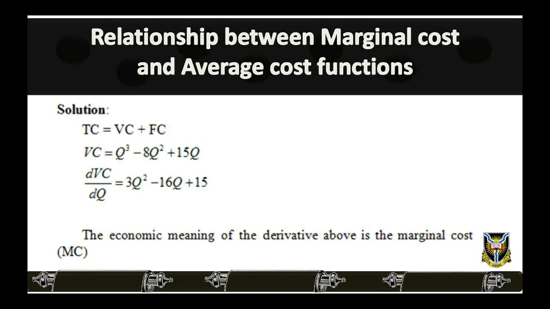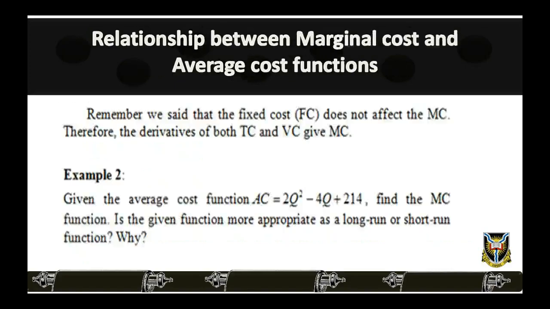VC equals Q^3 minus 8Q^2 plus 15Q. dVC/dQ equals 3Q^2 minus 16Q plus 15. The economic meaning of the derivative above is the marginal cost. Remember, we said that the fixed cost does not affect the marginal cost. Therefore, the derivative of both the total cost and variable cost gives the marginal cost.